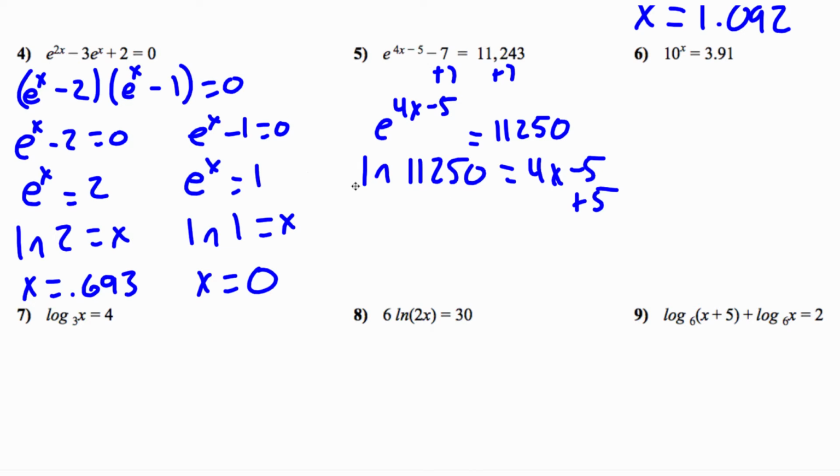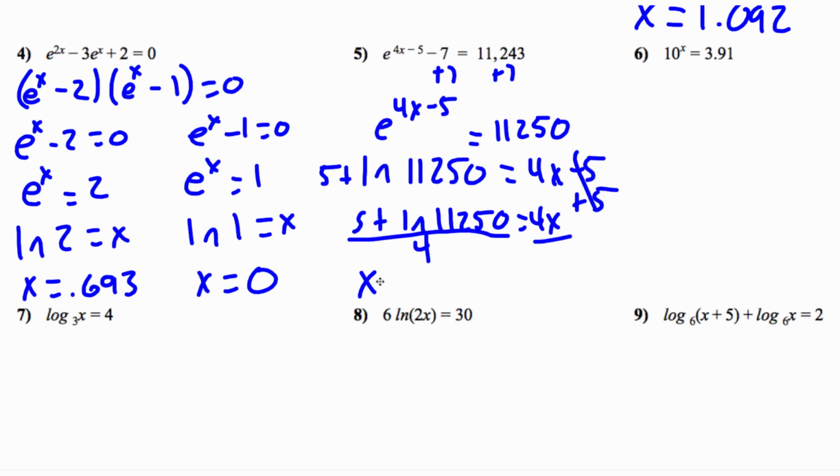I'm going to add this 5 over. So those things cancel out, and we get 5 plus the natural log of 11,250 equals 4x. Last step is going to be to divide everything by that 4. And then if we type this into our calculator and go 3 decimal places, I got 3.582 as the final answer for that one.